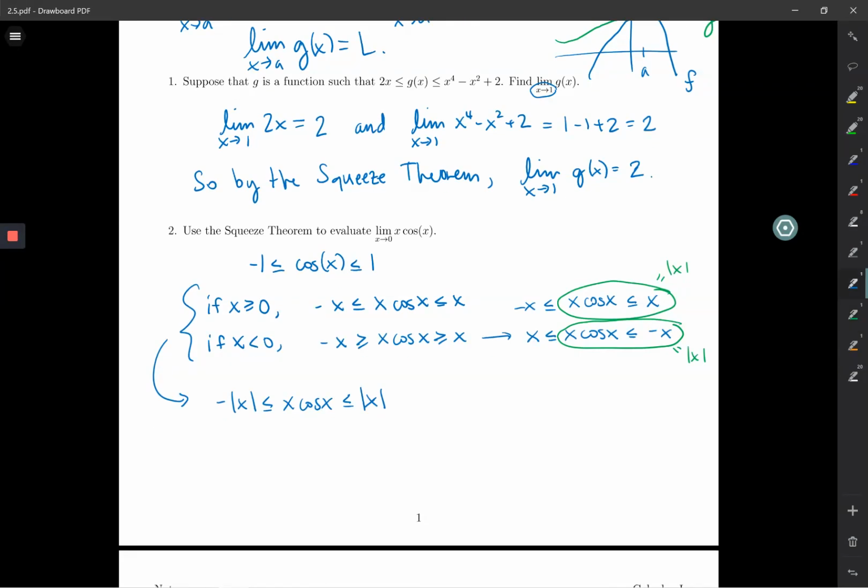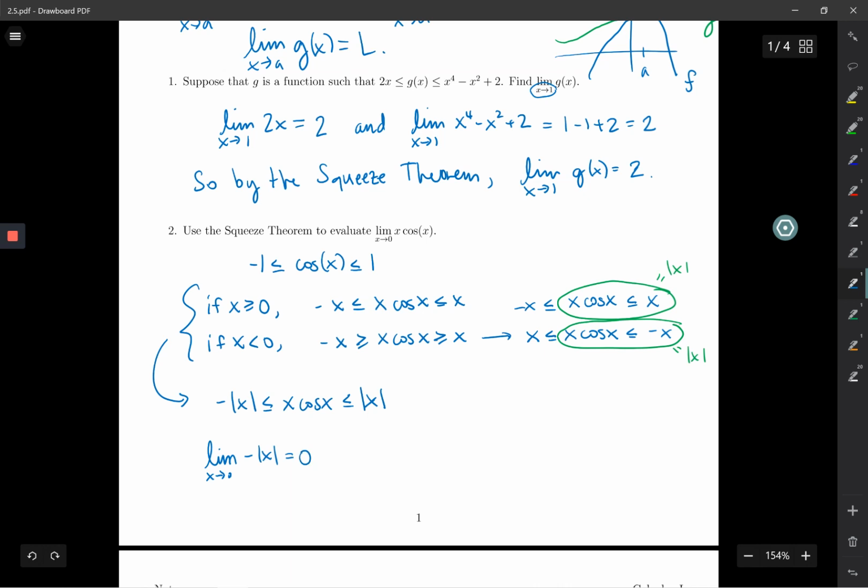However, we have this inequality, and then we can take the limit as x goes to 0 of each of these sides. So I'll do the first one first. The negative absolute value of x, the limit is just equal to 0.